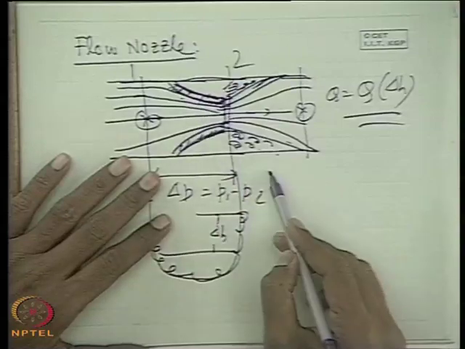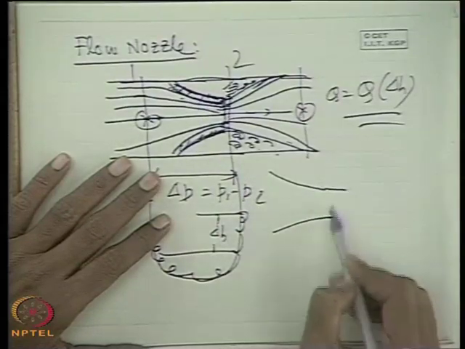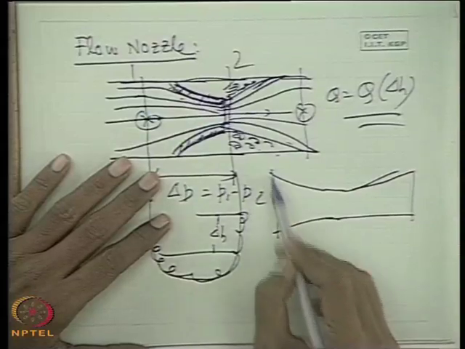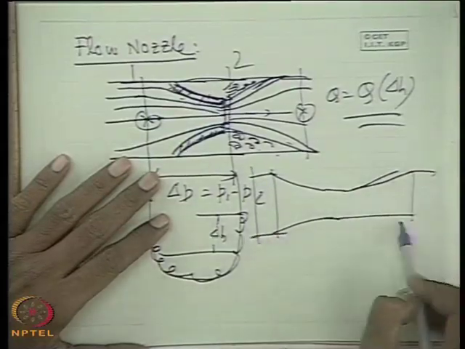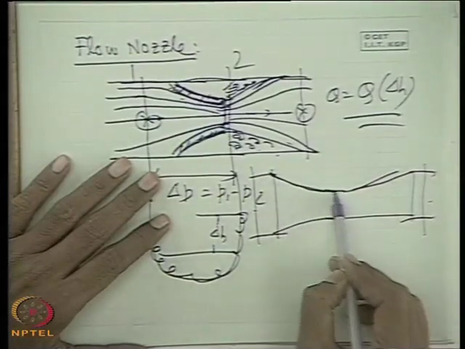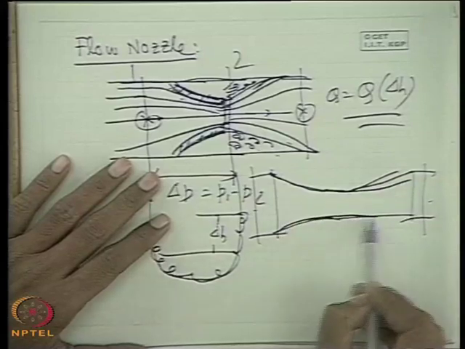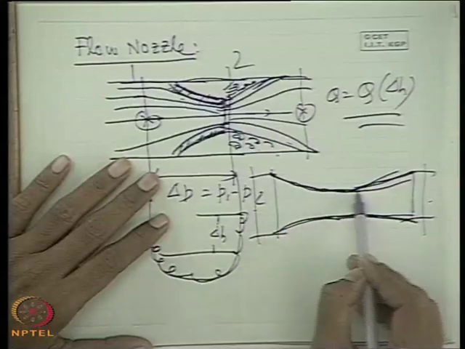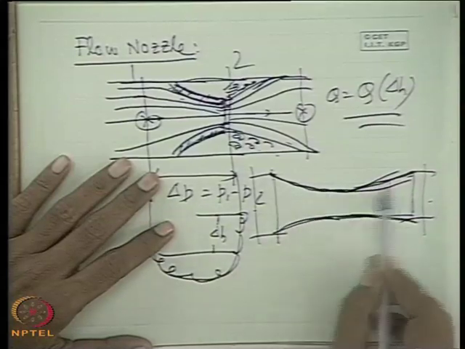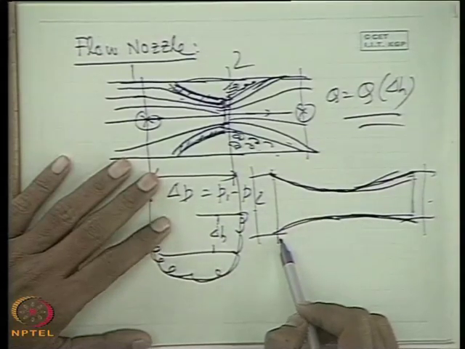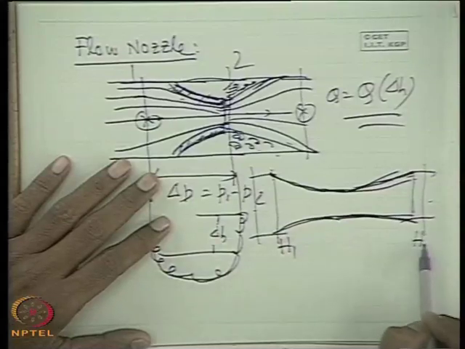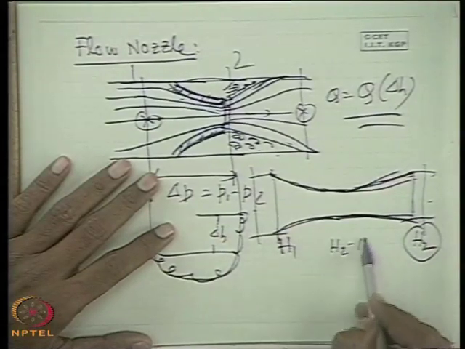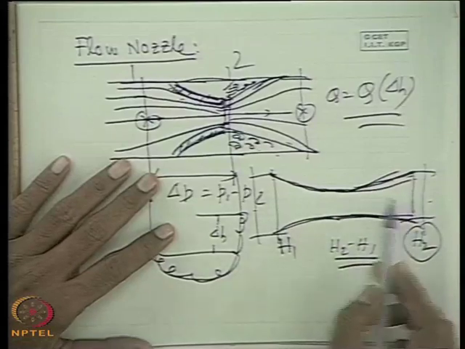Whereas in case of a venturimeter, the energy loss from an upstream section to downstream section is very low, because the separation loss is minimized and this angle is very small, so only frictional losses predominate, and the surface is so polished that the friction loss is very small. Nevertheless there will be losses, but the difference between H2 and H1 is very small.